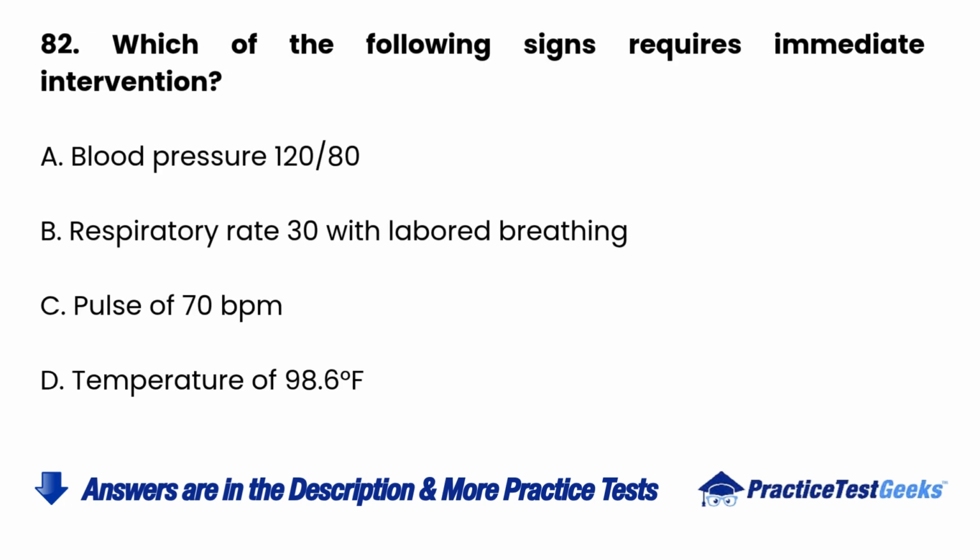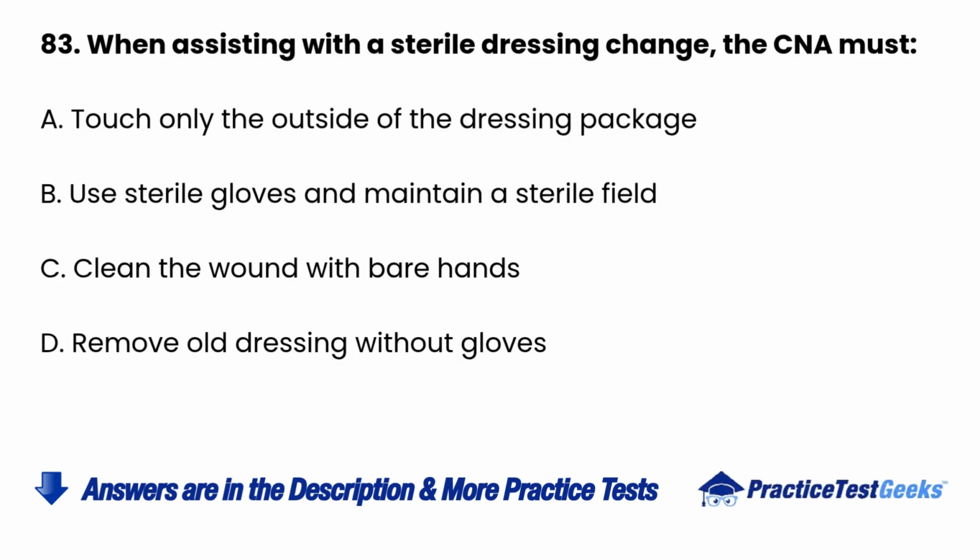82. Which of the following signs requires immediate intervention? A. Blood pressure 120/80. B. Respiratory rate 30 with labored breathing. C. Pulse of 70 bpm. D. Temperature of 98.6 degrees Fahrenheit. 83.